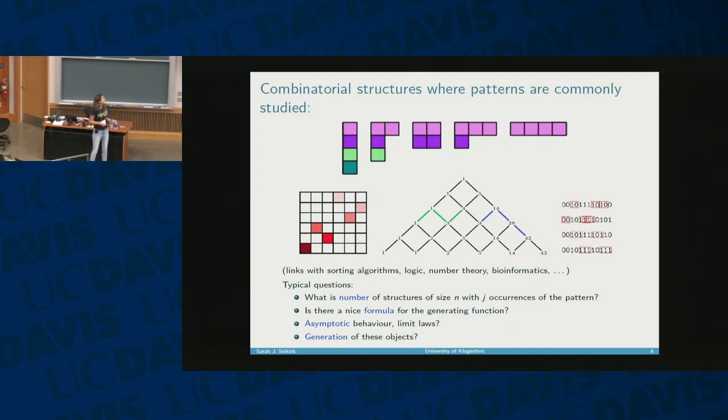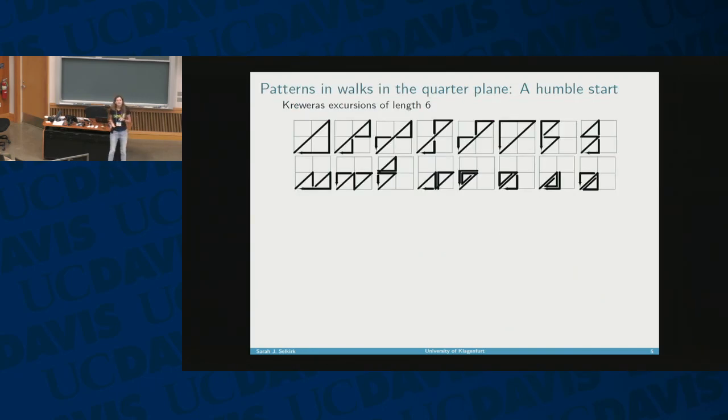So all of these have been studied, and there are general methods that do exist in these scenarios. So the first case where patterns haven't been studied in lattice paths is walks in the quarter plane. And so since Kreweras walks are the canonical example of walks in the quarter plane and sort of the driving force behind a lot of progress on walks in the quarter plane, we can say, well, let's just see what happens. Let's take some Kreweras walks, let's take some pattern and see what comes out.